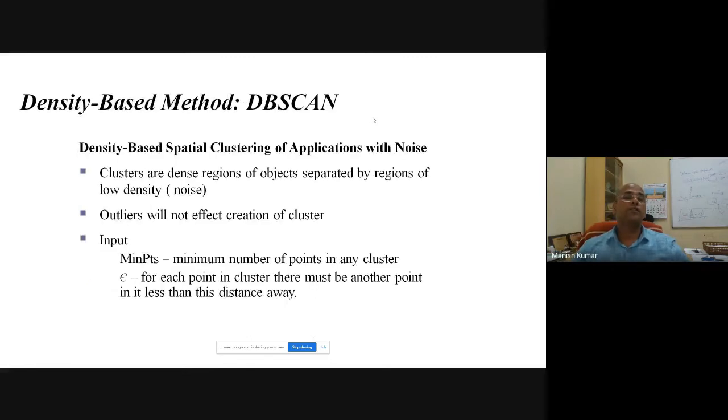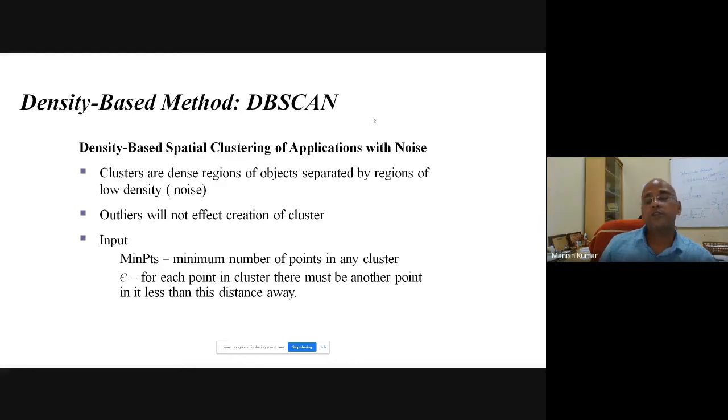So DBSCAN stands for density based spatial clustering of applications with noise. So it actually handles the noise also. There are two input parameters which are defined by the user. That means if you are going for the analysis or clustering, then you will decide the minimum points, and epsilon is actually the radius we look for.